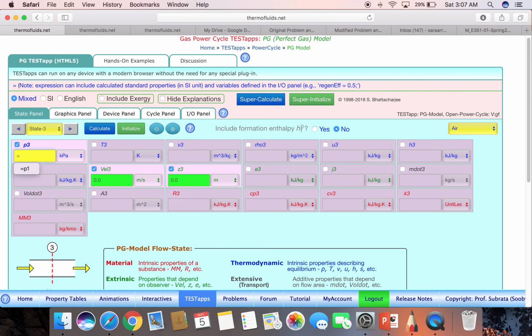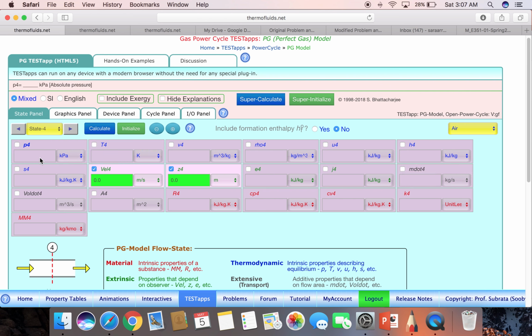At state 3, P is equal to P2. We don't know anything about S, but we do know that m dot is constant, and we also know that state 3 has a temperature of 1025.